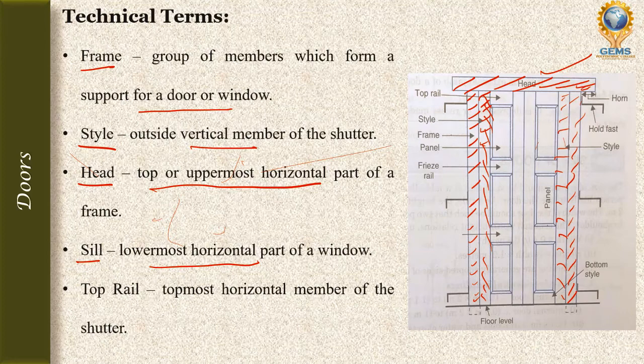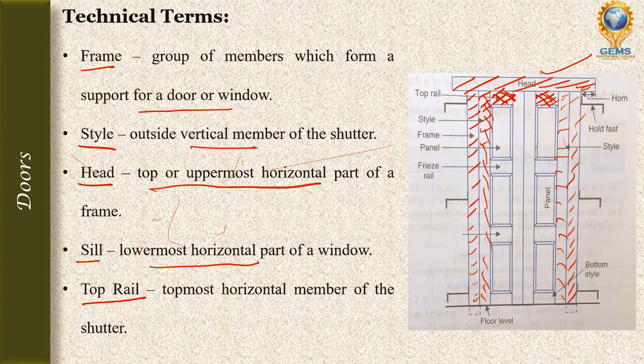Next is top rail. So this part we will call as the top rail. So top rail is the topmost horizontal member of the shutter. This is called a shutter.